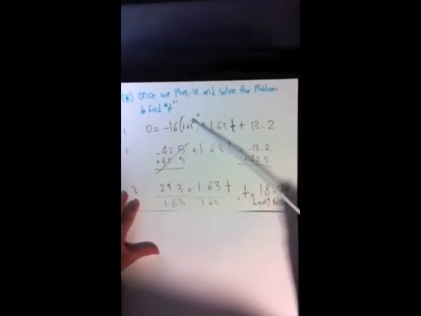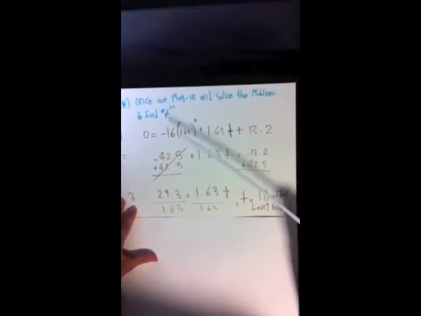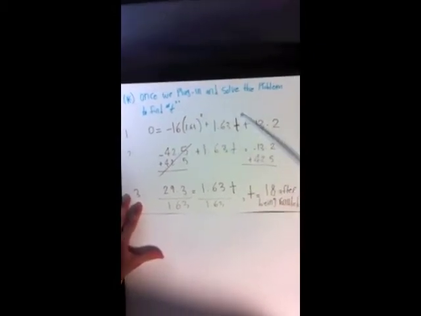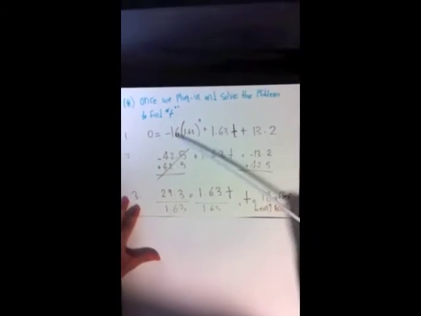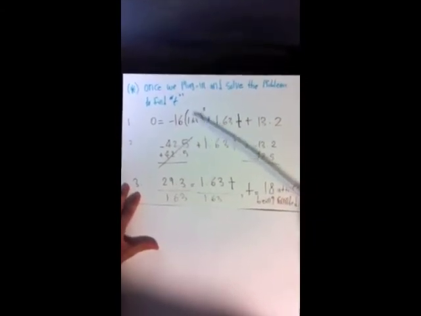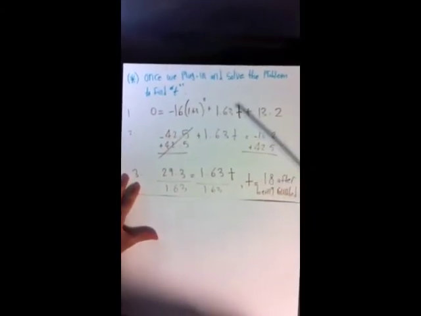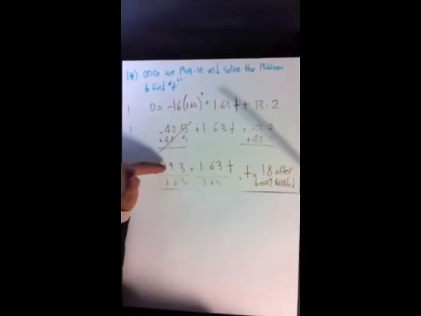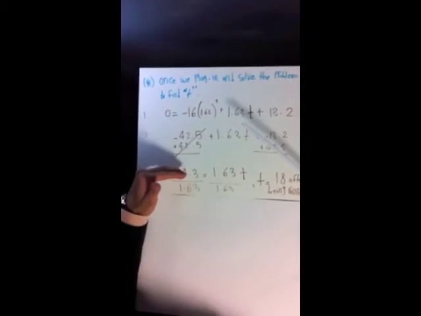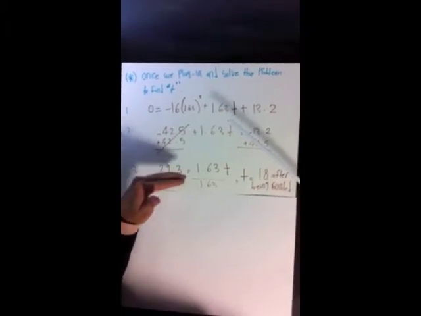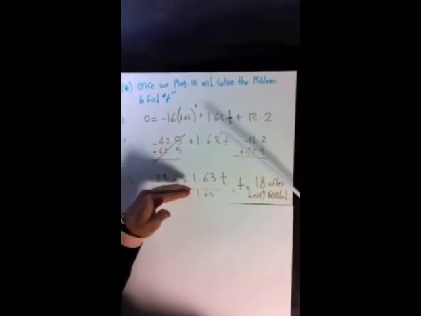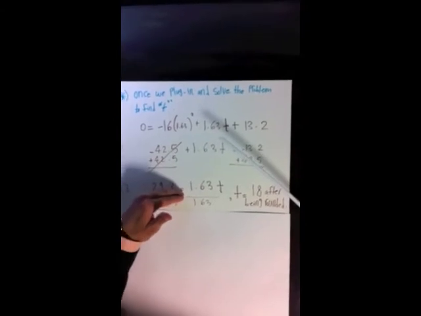We are going to plug the 1.63 from the timer into t to find the velocity, which is in feet per second, because we are trying to find the velocity. We plug in the 1.63 and solve it step by step until we get to 29.3 equals 1.63v, and we got 18 after rounding.